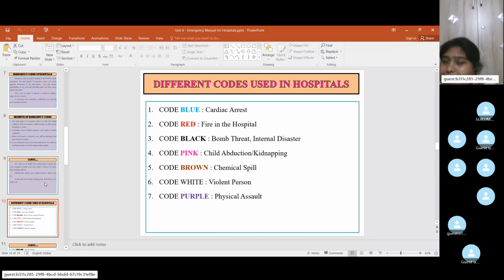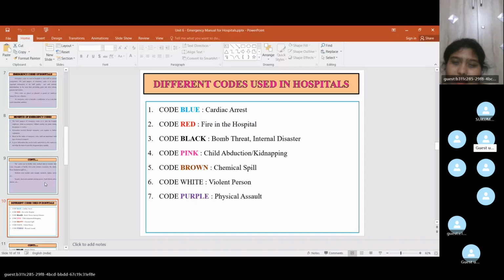Then what is PASS? Pull, aim, squeeze, and sweep. Two S are there.